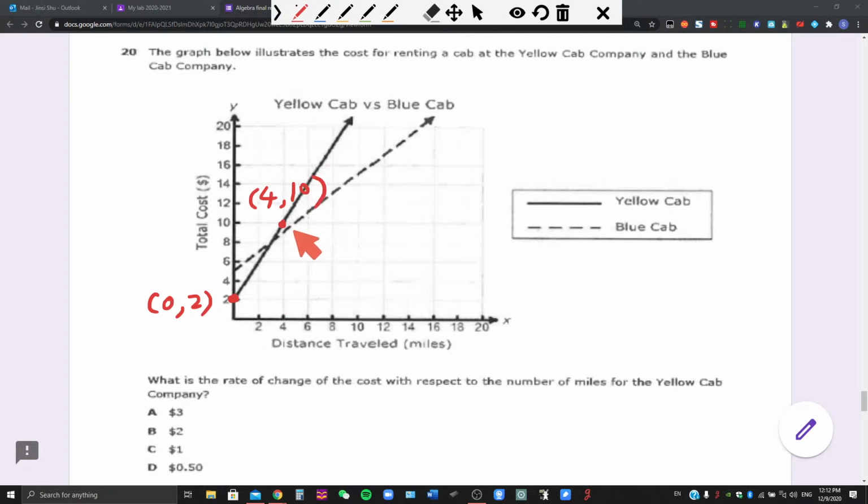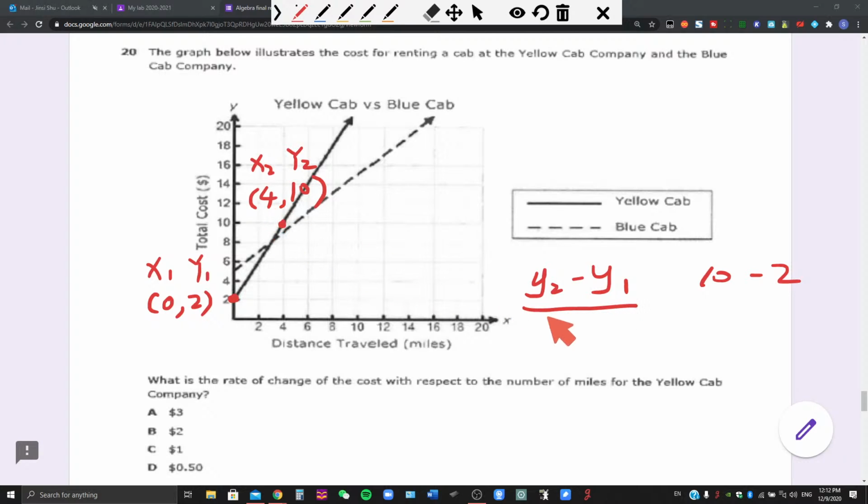I hope you know what's going to happen next. We will label x1, y1, x2, y2. Then apply the formula y2 subtract y1. That's going to be 10 subtract 2, over x2 is 4 subtract x1 is 0.